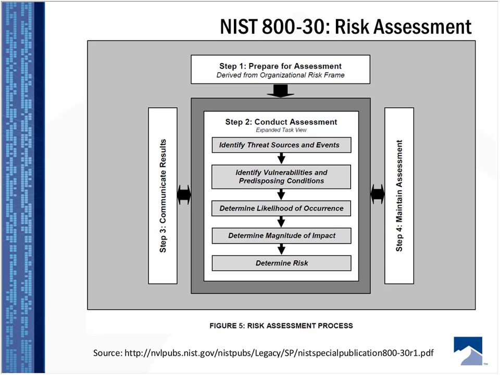Step 2, we see four steps inside step 2: identify threats, identify vulnerabilities, determine likelihood, and determine impact. Those are the four ingredients of a risk assessment as prescribed both in these NIST standards as well as in the OCR's guidance to covered entities. And you may be thinking to yourself, our risk assessment that we've done previously never really talked about or dealt with likelihood of occurrence.